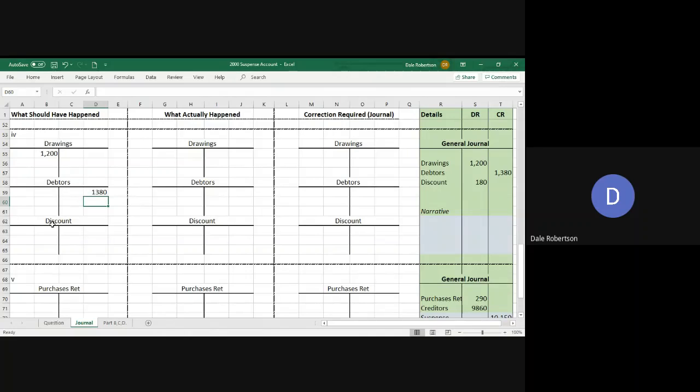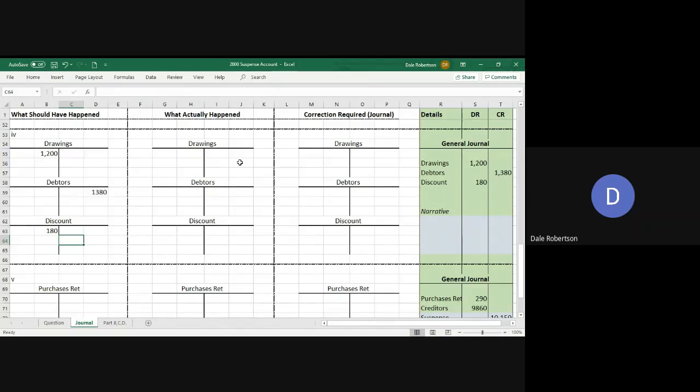Now, which side is the discount required? Well, it's easy to see at a glance that the discount is 180 on the debit side, and that will indicate that that's discount allowed because this chap owed us 1,380, but we allowed him off with 1,200, so we allowed him some discount and €180 in this regard.